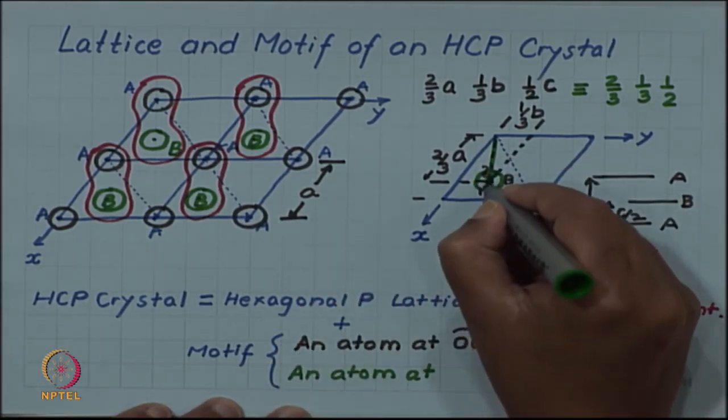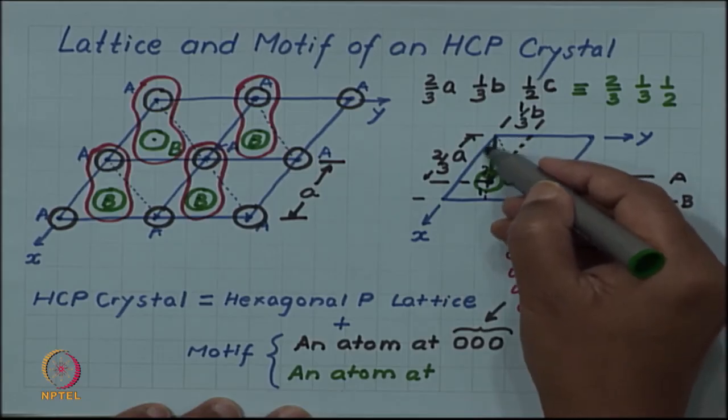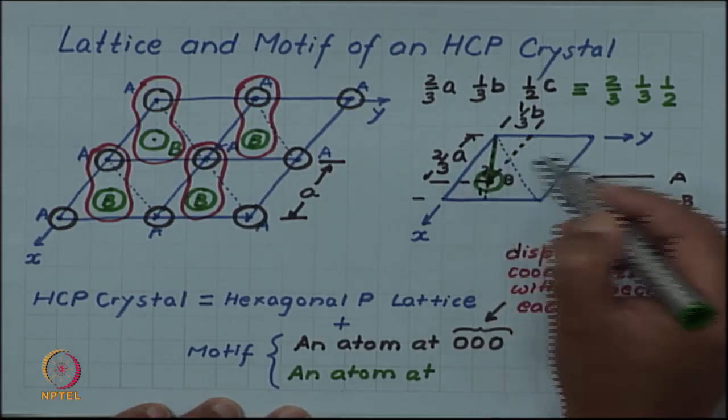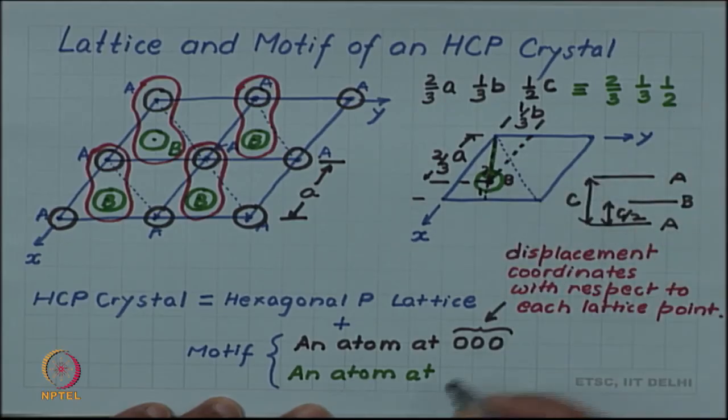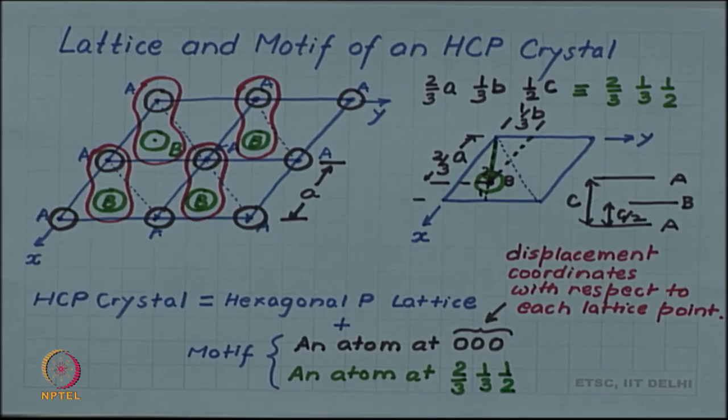I can reach there by a 2/3 displacement along A, 1/3 displacement along B, and half displacement along C. So, that becomes the 2/3, 1/3, half, the fractional coordinate of the second atom. So, we have now worked out in full detail the motif of hexagonal structure.